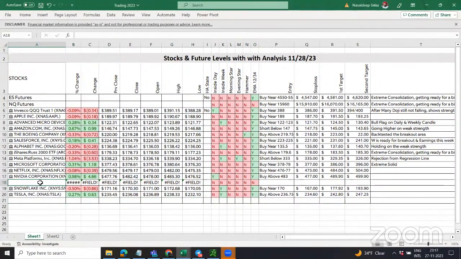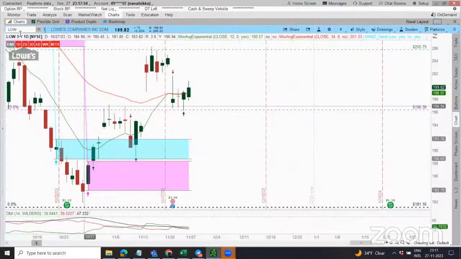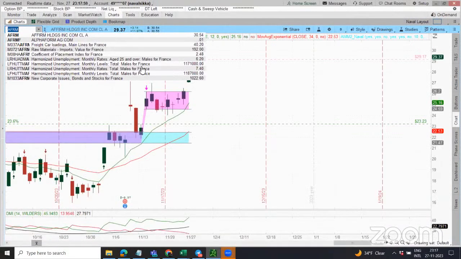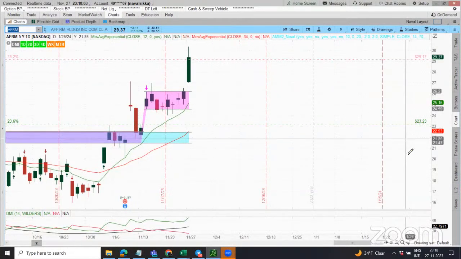A firm, the moment I put it, gave me all the values for a firm. A firm is a breakout and it will continue to go high. Like 29 was my 38%.